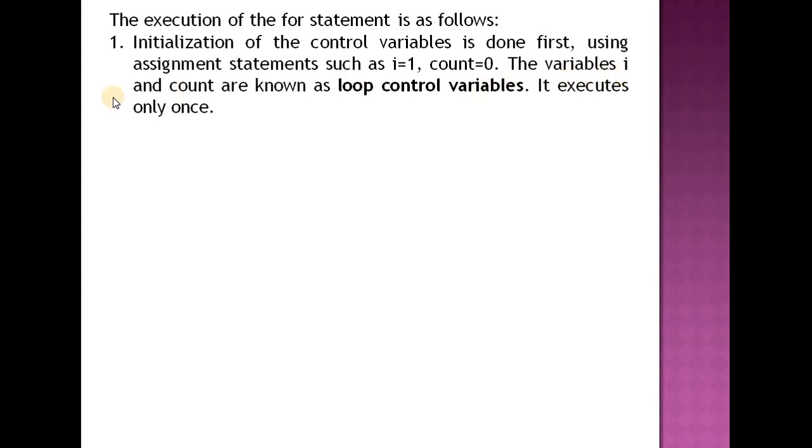The variables i and count are known as loop control variables, the variables which control how many times the loop will be executed. It executes only once. That is, this initialization statement gets executed only for the first time, not for every iteration.